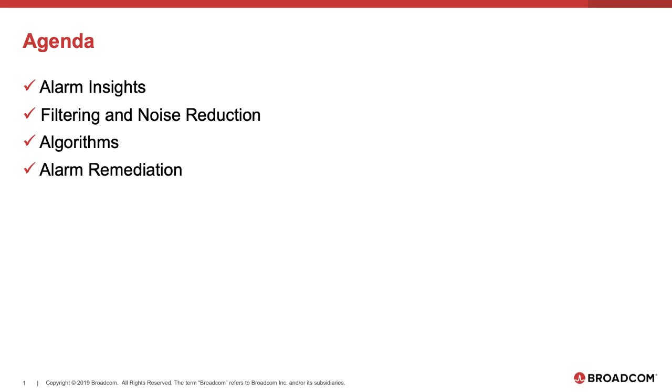And we also look into what to do with the alarms once the time comes, and that is what we refer to as alarm remediation. And finally, and the emphasis really is on the last part, we are going to go into a live system and look at how to deal with alarms in one of our demo systems. So that's the demo part.